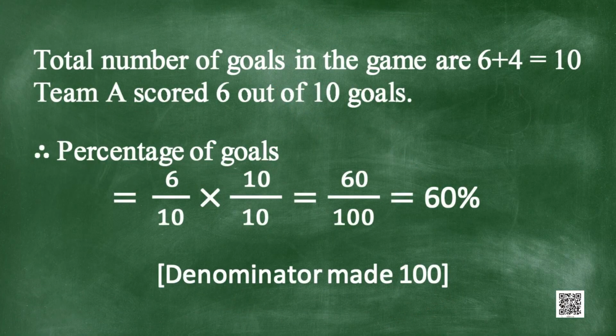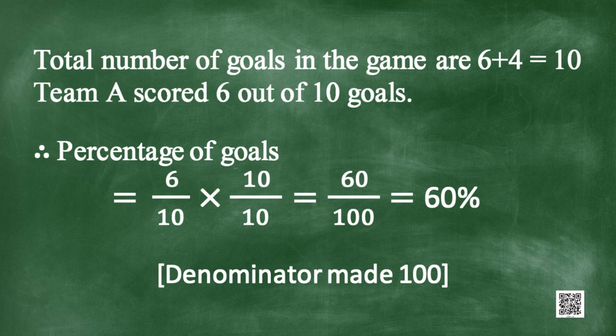Students, in this situation, the comparison can also be done using percentage. So firstly, let's calculate the percentage of goals by team A. The total number of goals in the game is 6 plus 4, which is equal to 10. So team A has scored 6 goals out of 10 goals.